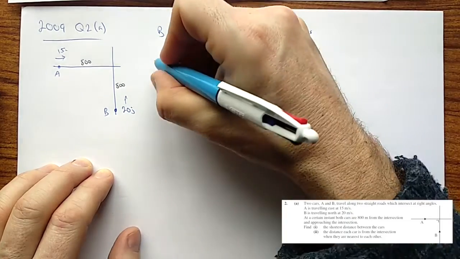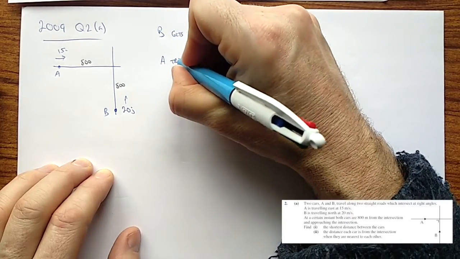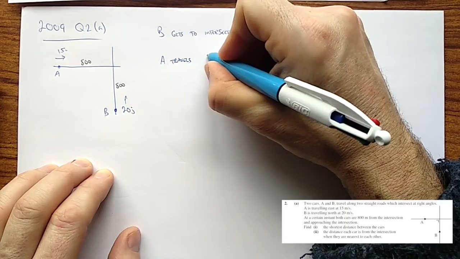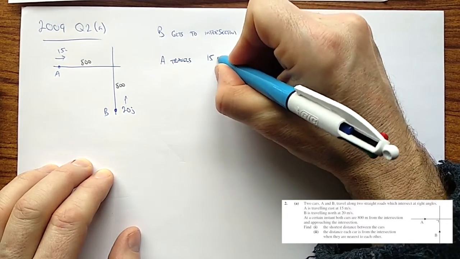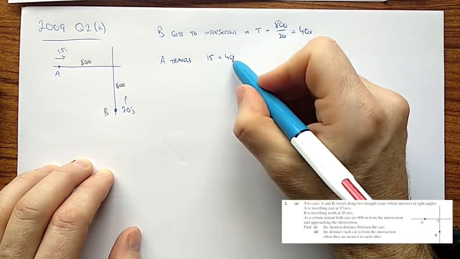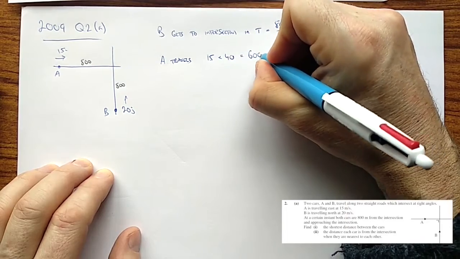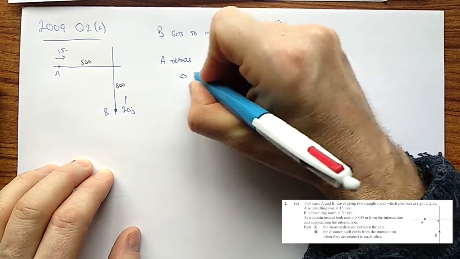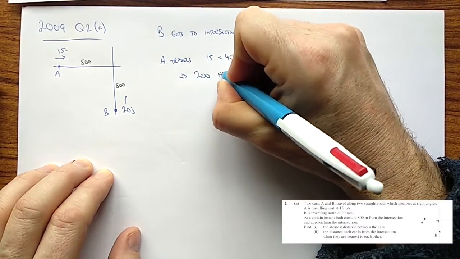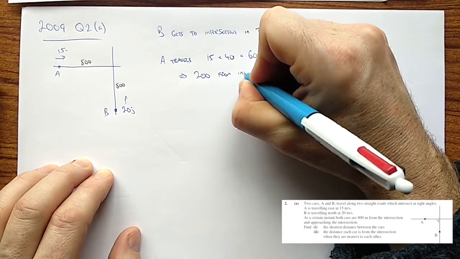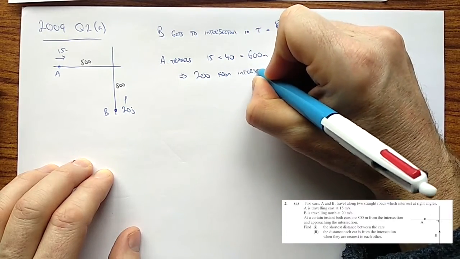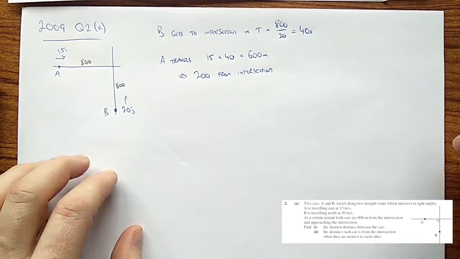All right. A travels 15 meters per second by 40 seconds, and that is 600 meters. Therefore, 200 meters from the intersection. Now, that makes things a little bit easier.